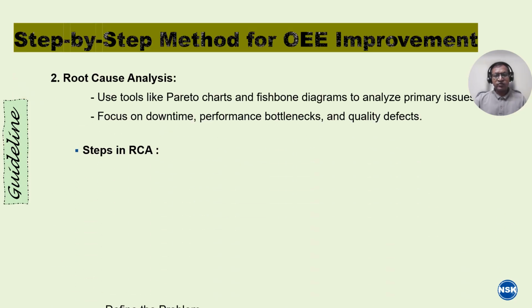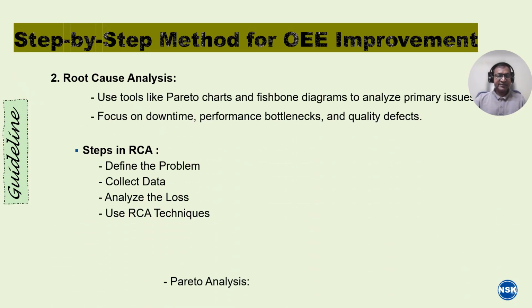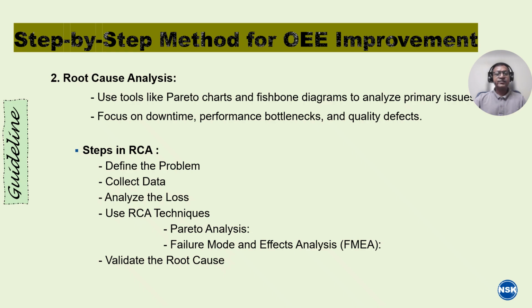Let's discuss the second guideline, root cause analysis. Steps in conducting root cause analysis for OEE are: generally, we use tools like Pareto charts and fishbone diagrams to analyze primary issues. For that purpose, we focus on downtime, performance bottlenecks, and quality defects.